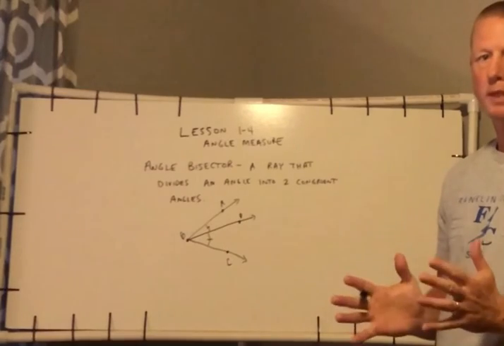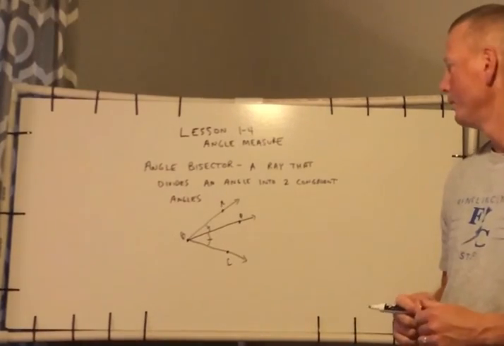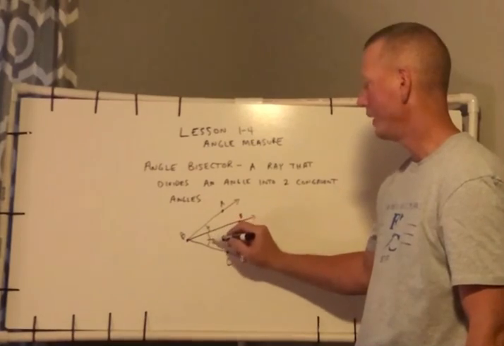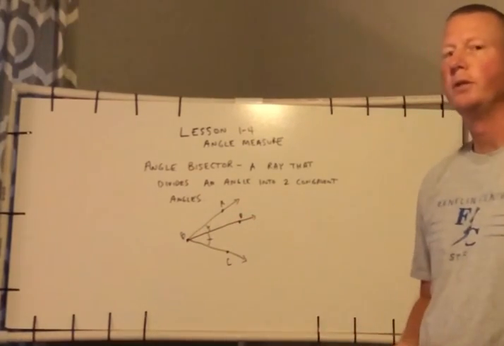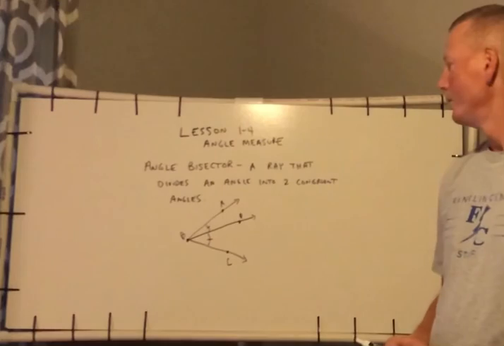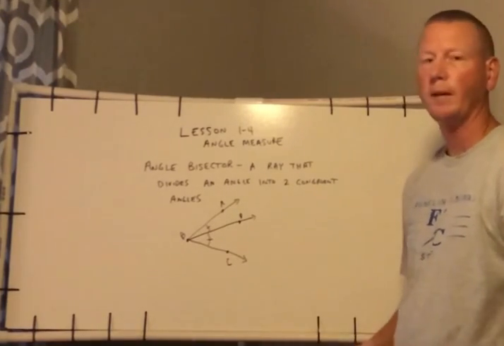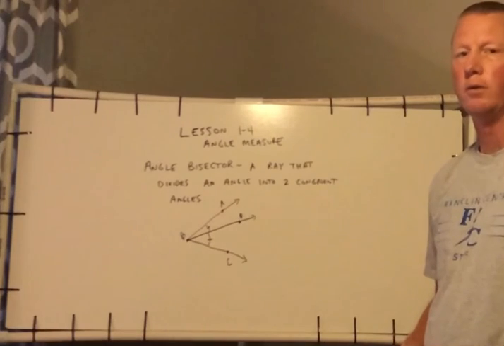So it splits the angle in half. Notice these little markings with the little line indicate that the two angles are congruent. So therefore we can state that ray BD is the angle bisector.